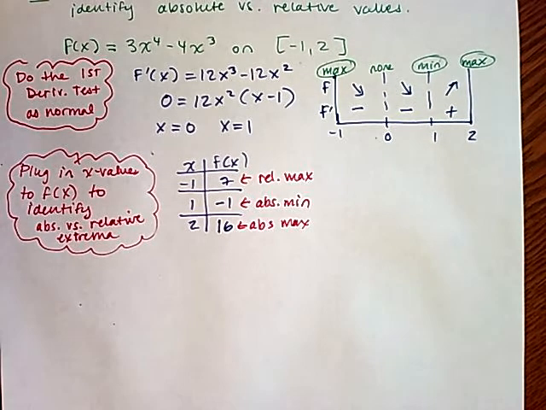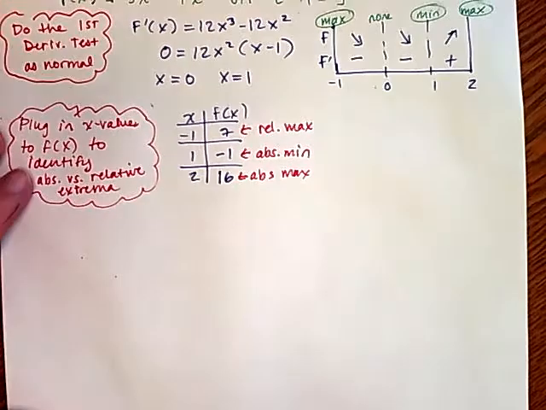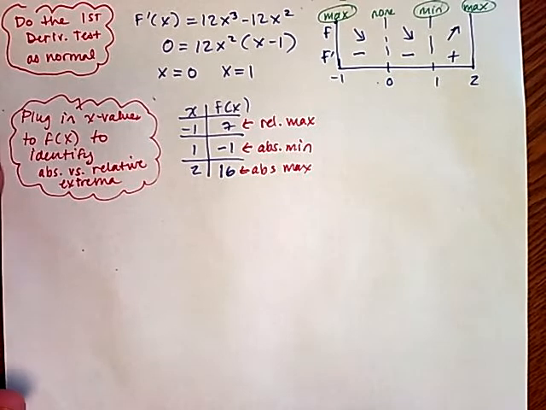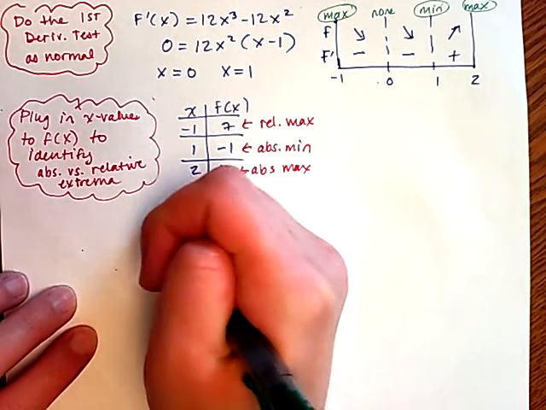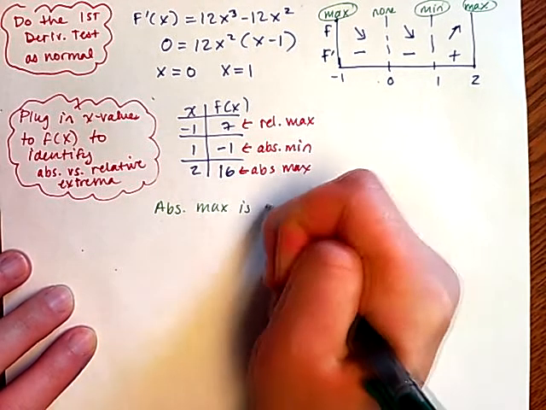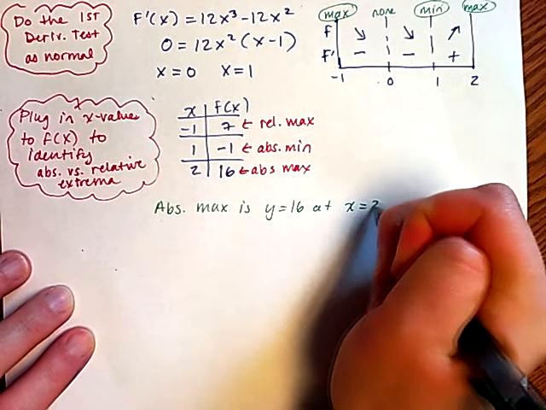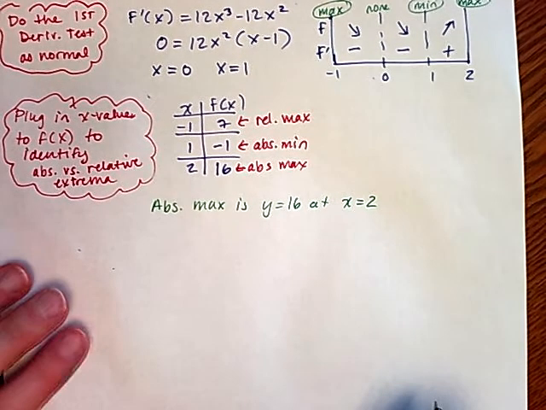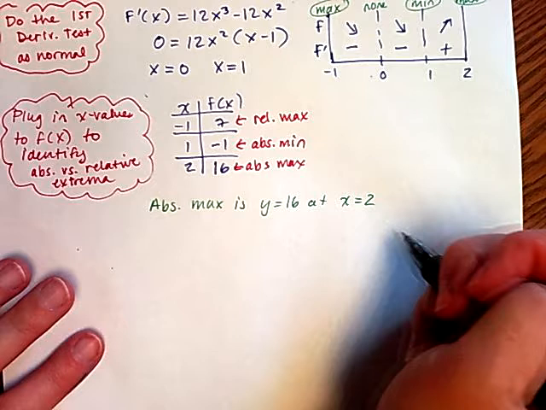Okay, and I just want to give you a little bit of a formal way to share out our answer. The idea is the y value is the max or min, and it occurs at a specific x value. So I could say absolute max is y equals 16, and it occurs at x equals 2. Sometimes your max could occur at more than one value, in which case you could say at x equals 2 and another x value.